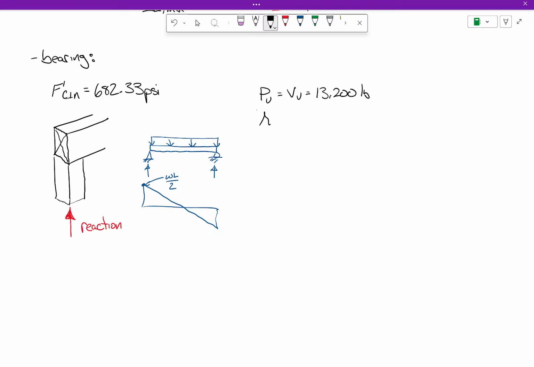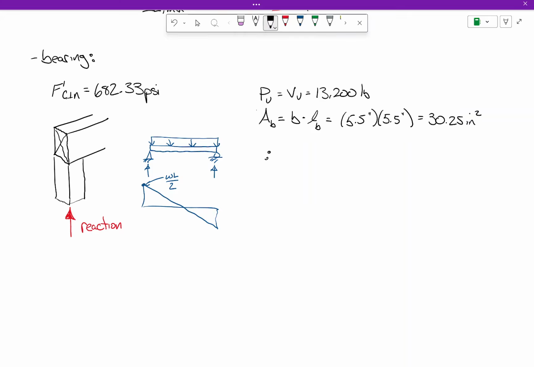My bearing area is the width of the beam times the bearing length. This is 5.5 times 5.5, which is 30.25 square inches.